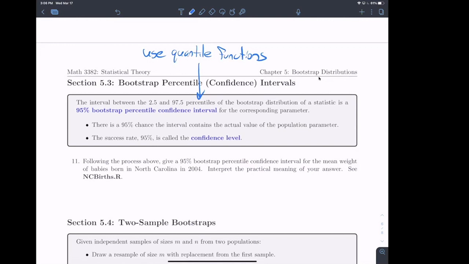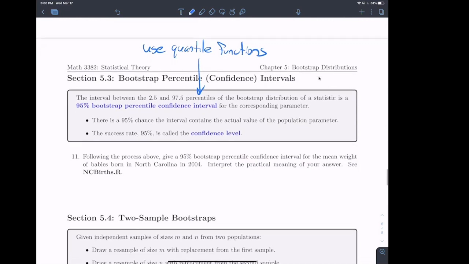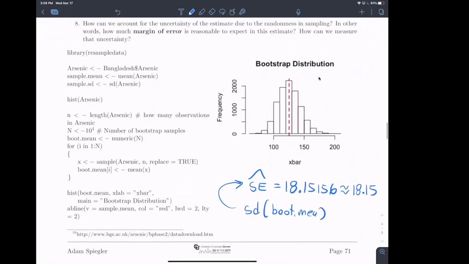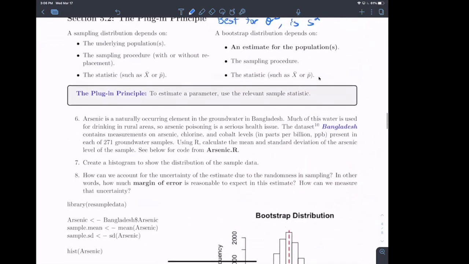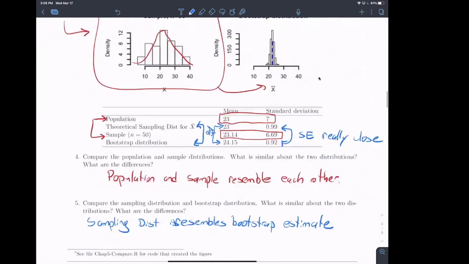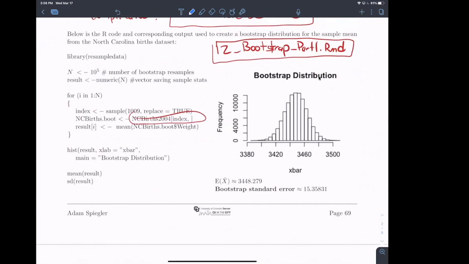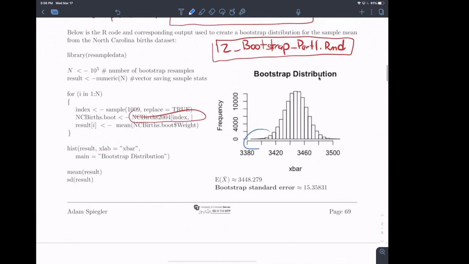So for the North Carolina births example, which was way back over here, this is not quite as normal, right? There seems to be a little bit of a tail over here. So for this one, we might want to be a little bit more careful than just using that rule of thumb.